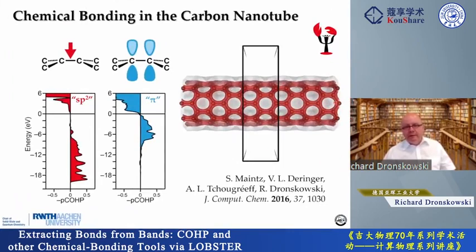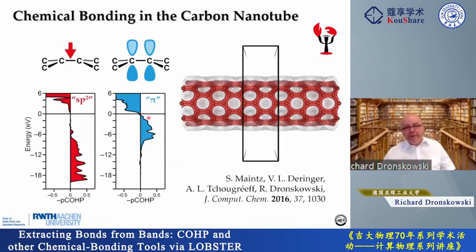Say you study the chemical bonding in the carbon nanotube. Now so easily done using plane waves, VASP, ABINIT, Quantum Espresso, whatever. And then Lobster reads this data and immediately projects out the sigma contribution between the carbon atoms, which would be dubbed sp2 in valence bond language, with a very, very small antibonding signal here, because it's not flat, it's curved.